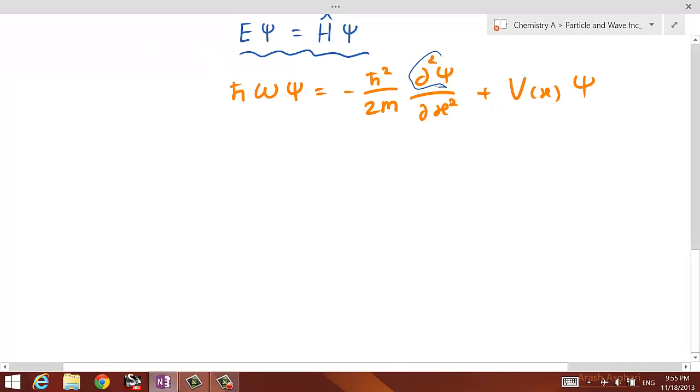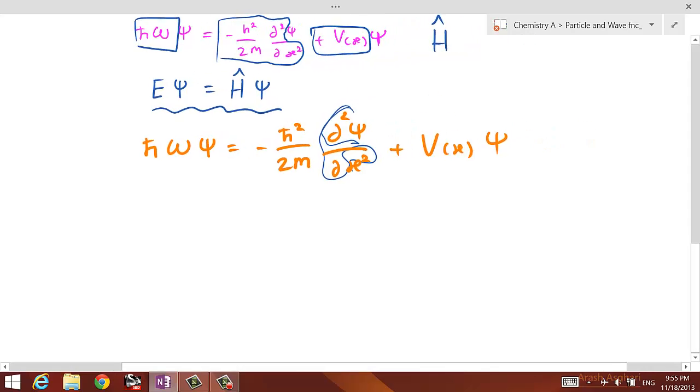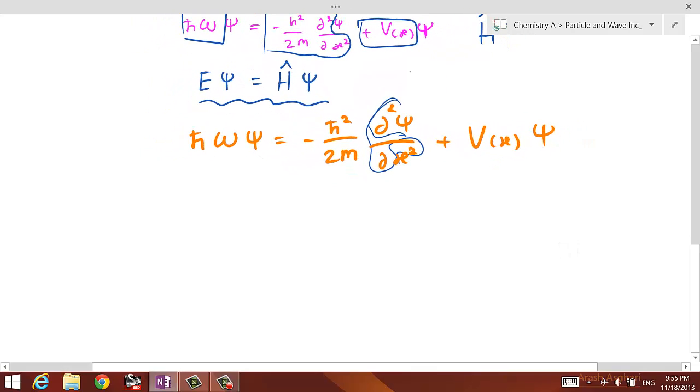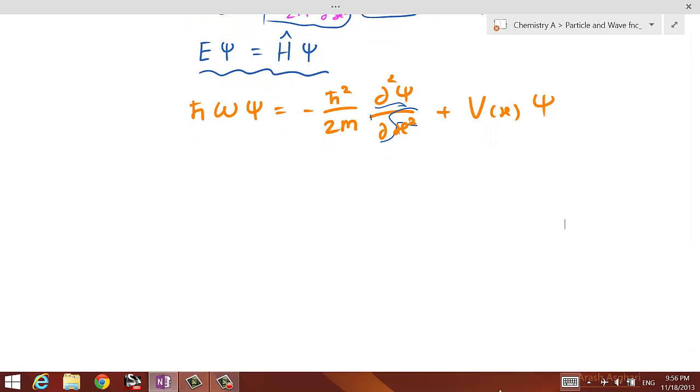This thing we may call a gradient operator, which I think we'll learn in calculus, not physics. So this is the complete form of a time independent Schrodinger equation. That's it. We just proved the Schrodinger equation.